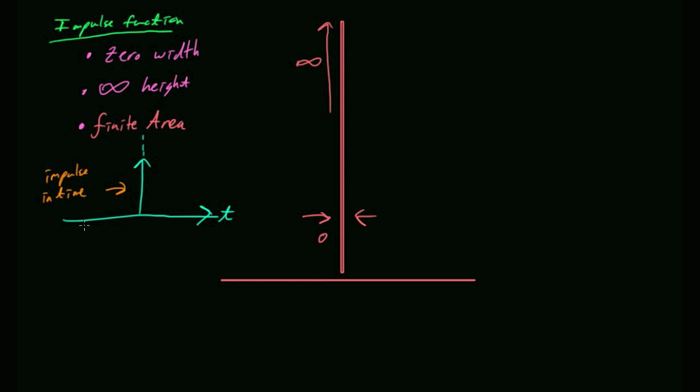All right, and the way we write this is delta of t. Delta of t is literally the impulse function. So delta of t by itself refers to an impulse with area 1. If you have some other area, you just multiply it. So if I say 3.5 delta t, that's an impulse whose area is 3.5.